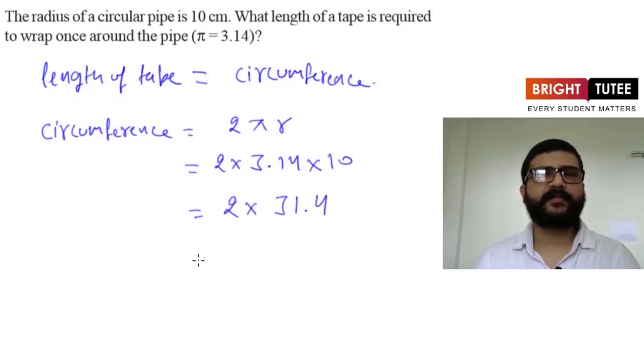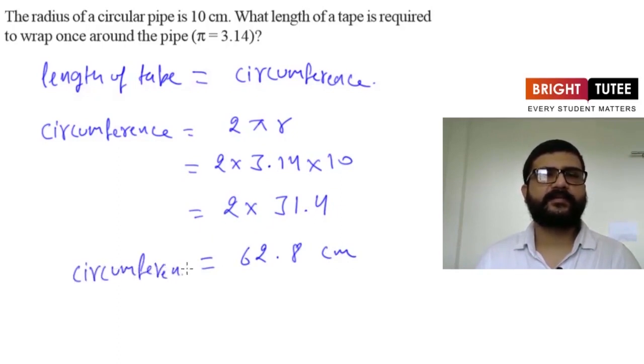Now, 2 into 31.4, this will be equal to 62.8 centimeters. So, therefore, circumference is equal to 62.8 centimeters. Hence, we can say the length of the tape required is 62.8 centimeters, or we can write 62.8 centimeters of tape is required.